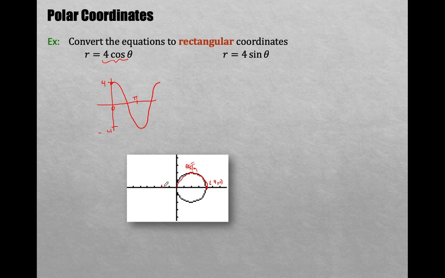This here is when theta is equal to pi. I'm back at the pole. This is when theta is equal to 3 pi over 4. And then I'm coterminal here, this is when theta was equal to 0, but also theta was equal to pi.